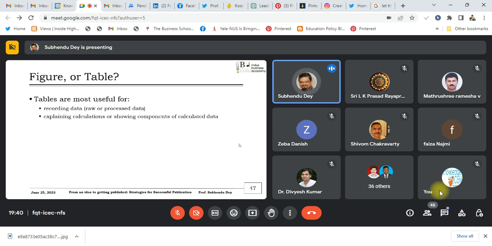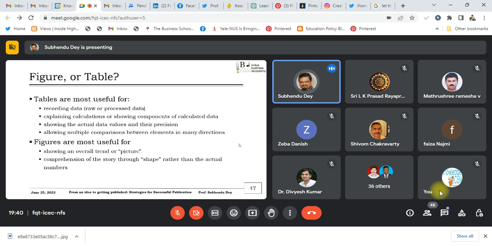As I said, a research paper is like a story, so it's extremely important that you take your reader through visuals as well. Use those whenever you want to show a picture, whenever you want to tell a story through shape, as with the marketplace. There is no other way I can tell that story.